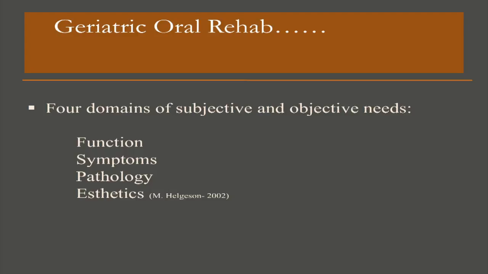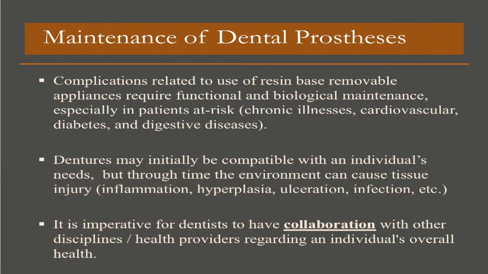Maintenance of dental prostheses is a big part of overall rehabilitation for the elderly. Complications related to use of resin-based removable appliances require functional and biological maintenance, especially in patients at high risk, like patients with chronic illnesses such as cardiovascular disease, diabetes, and digestive diseases.